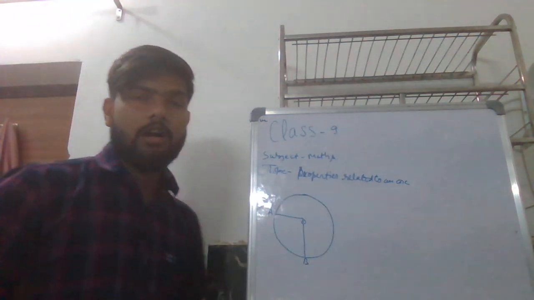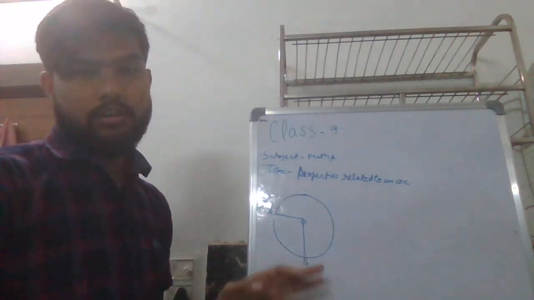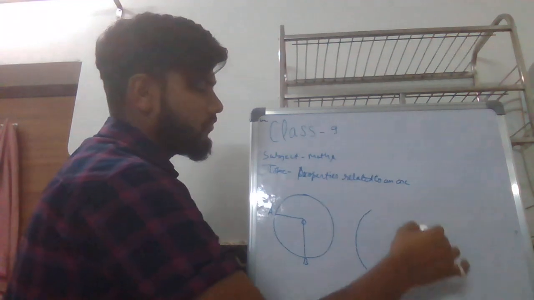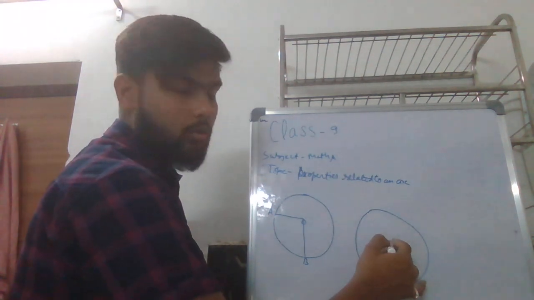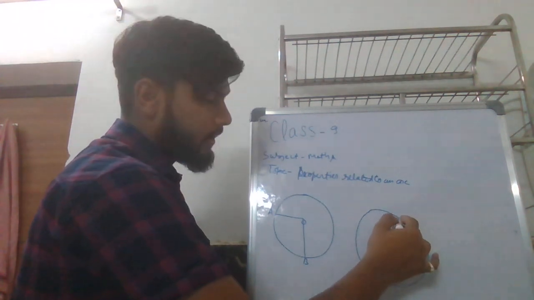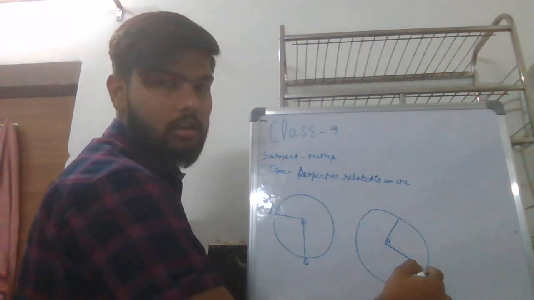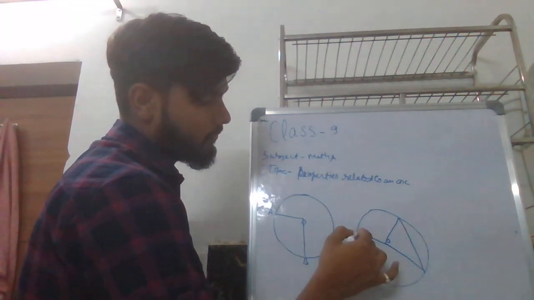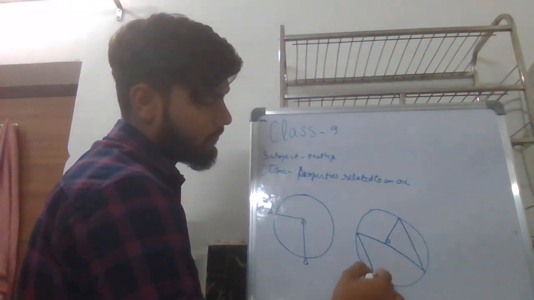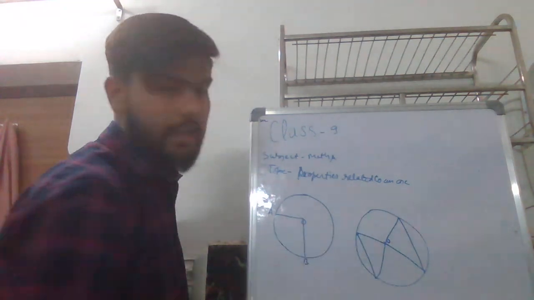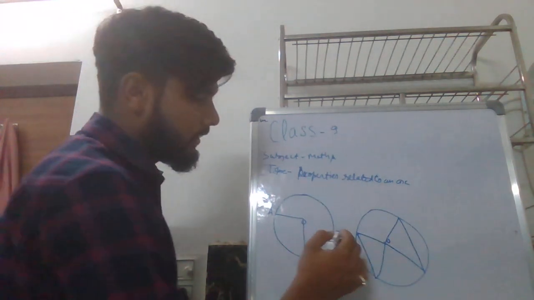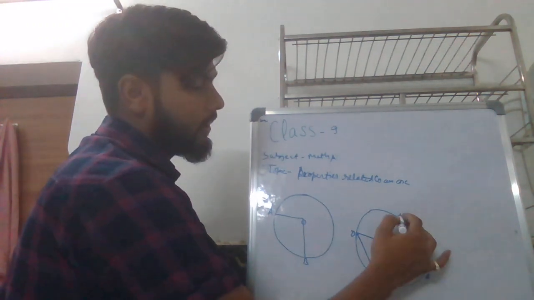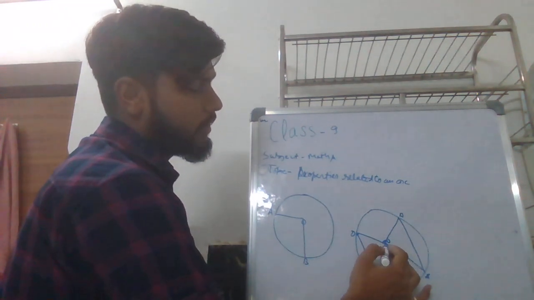For that, we first need to draw a circle with center O, and then we will make this triangle, like this. Then we will name these D, C and A, B. And this will be the midpoint, so it will be O.